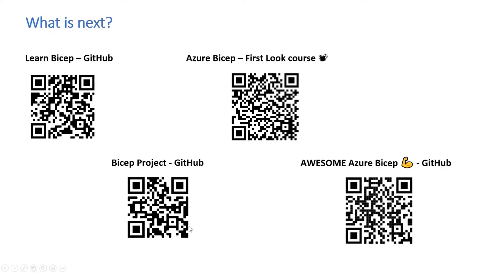You have the Bicep project GitHub, which is the Microsoft Bicep project, where you can see the latest versions and what's included in them. And of course, the Azure Bicep GitHub repo. That's the one where we have a wealth of information from 6 contributors. It's a community managed GitHub repo where people put information to help others learn Azure Bicep.